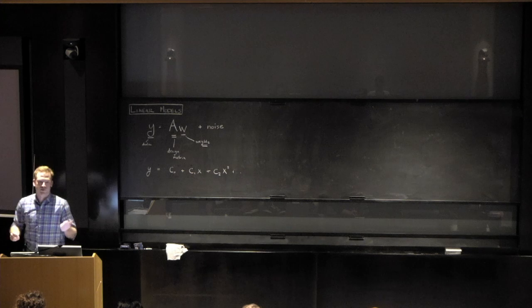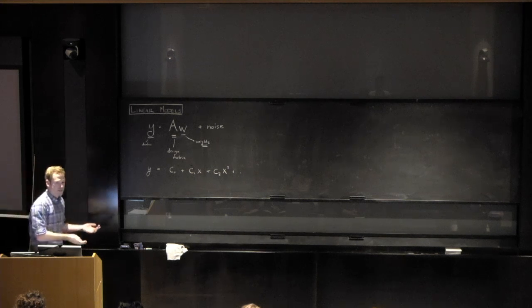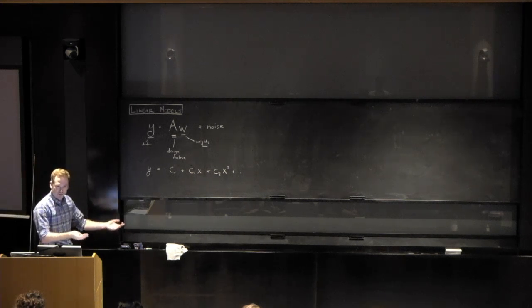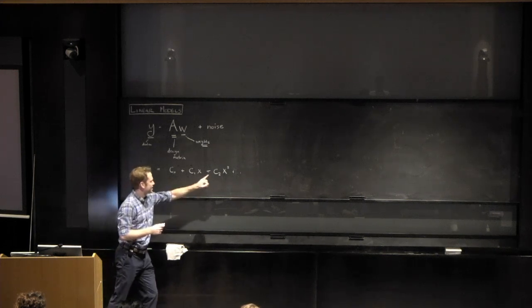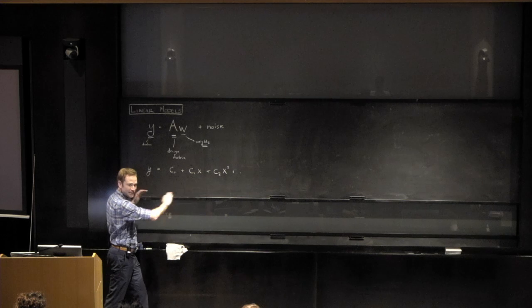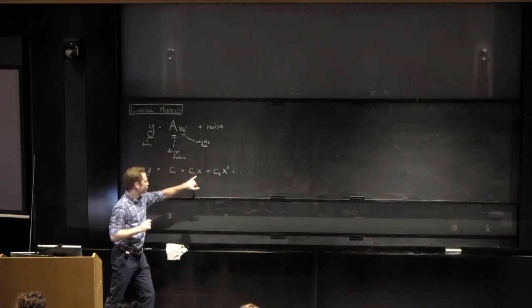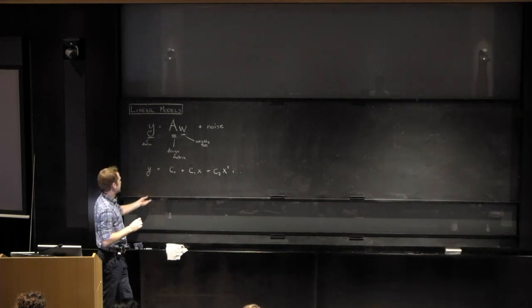I think we did this earlier in the week when you fit a polynomial using SciPy curve_fit, something like that. The cool thing is that even though you have x squared, x cubed, this is still a linear model in these weights, and I can show you why in a second.